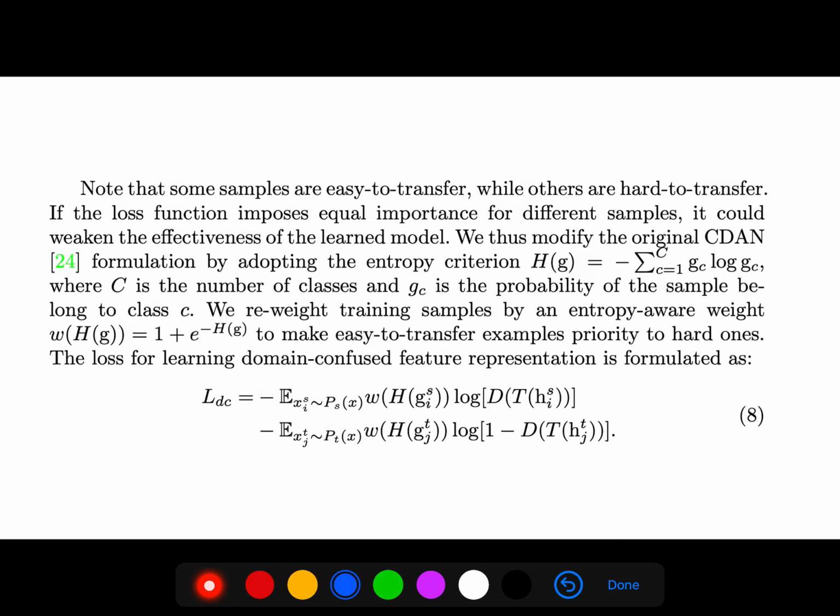We thus modify the original formulation by adopting the entropy criterion, where C is the number of classes and G sub C is the probability of the sample belonging to class C. We reweight training samples by an entropy-aware weight to give easy-to-transfer samples priority over hard ones. The loss for learning domain-confused feature representation is this.